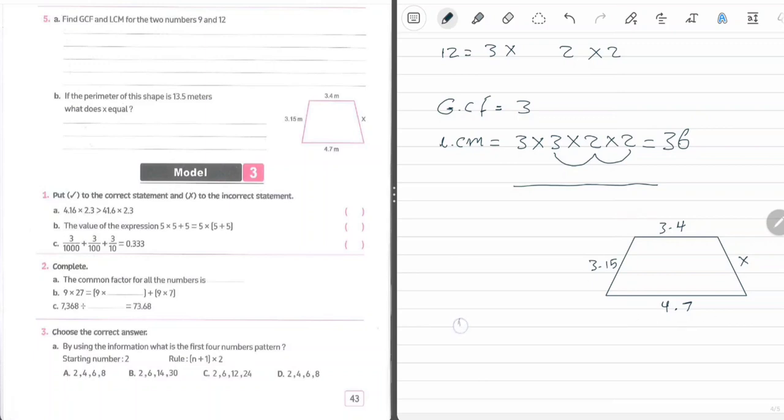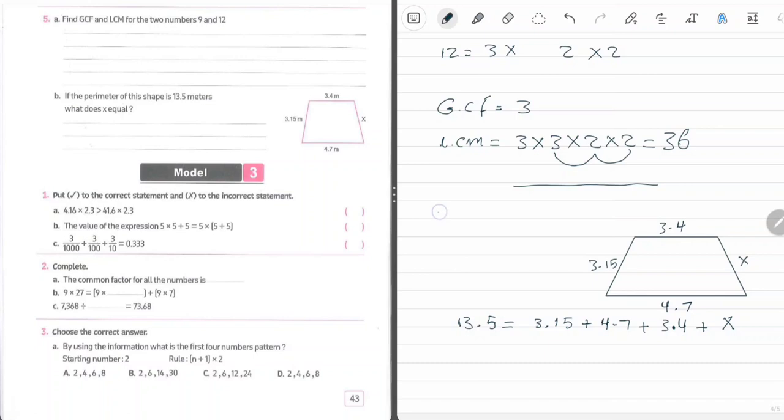He told you that the perimeter is 13.5. So if you add all of these sides up together, you will get 13.5. So 13.5 equals 3.15 plus 4.7 plus 3.4 plus x. All of this you have to find the sum of first.